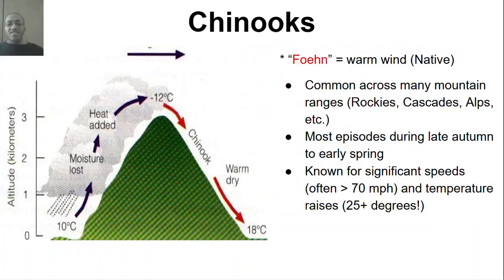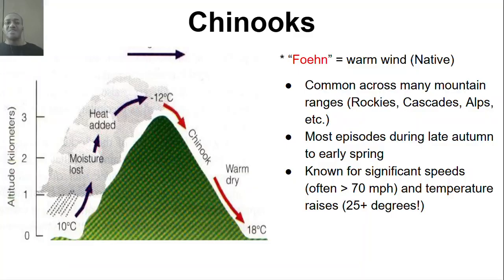Also, these winds are known for reaching significant speeds. Typically, Chinook winds can get close to or even exceed hurricane force winds upon descending, depending on how strong they are.